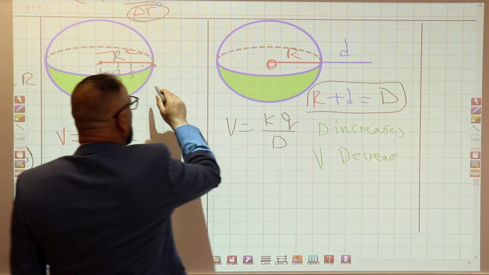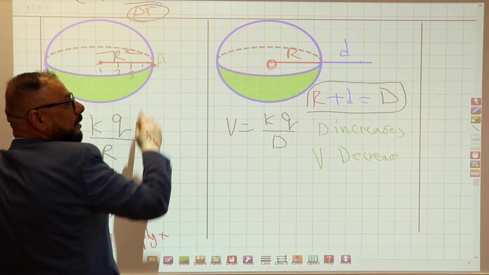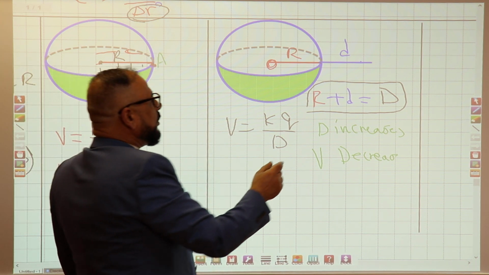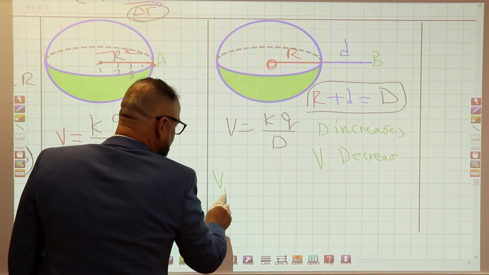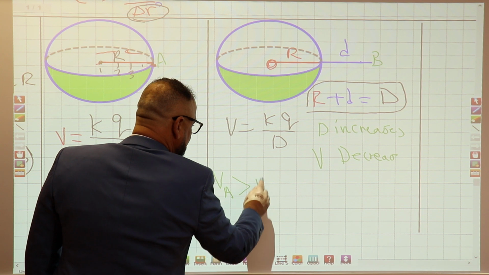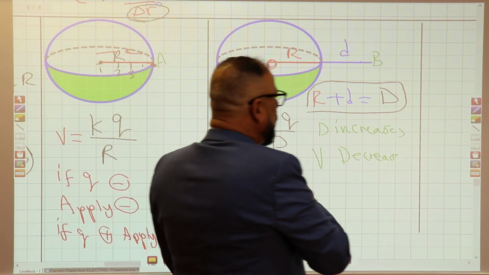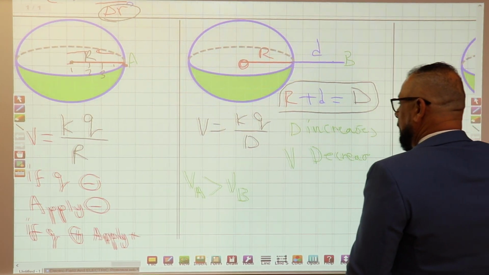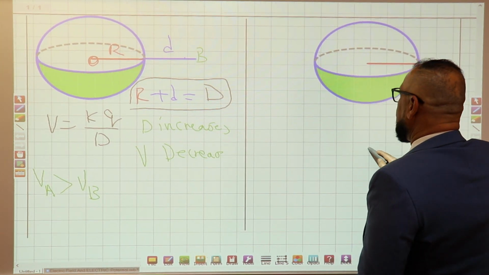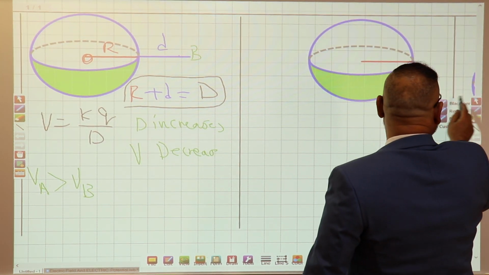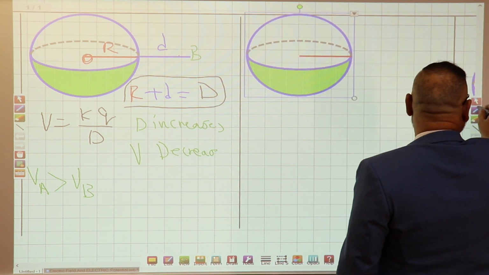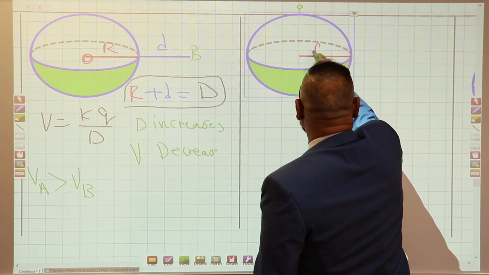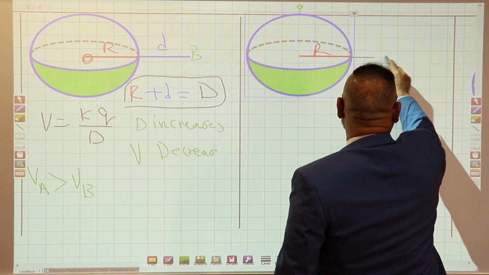Then let us call this point A and this point B. Then V at A is greater than V at B. Let us choose another point, at more distance.